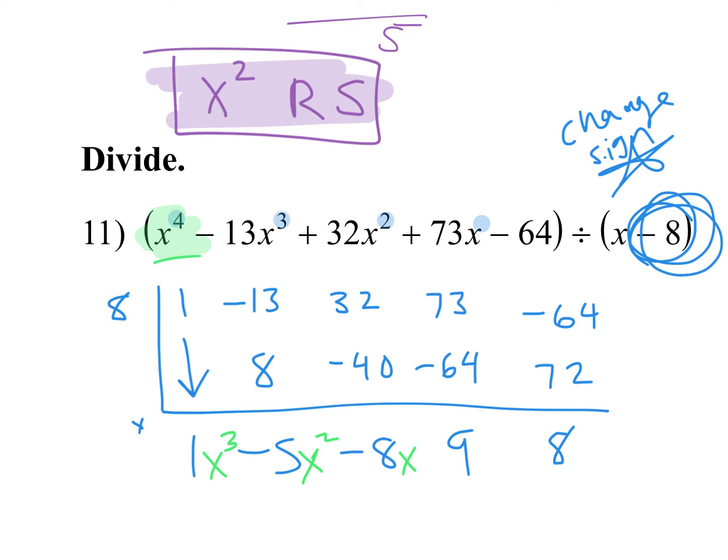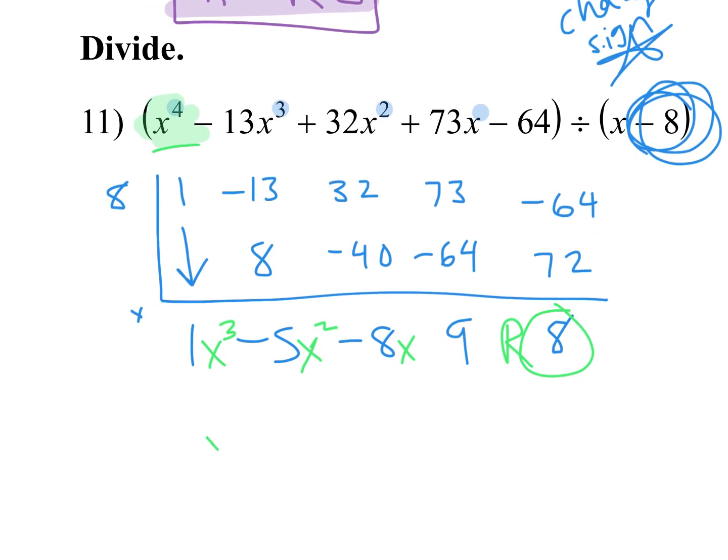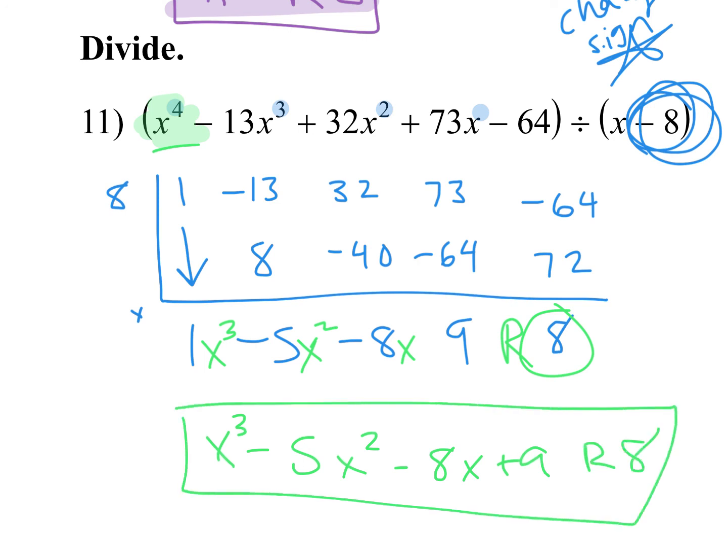And then what's 8? Is that the remainder? 8 is the remainder, so the last number is always the remainder. So we would write this as x cubed minus 5x squared minus 8x plus 9 remainder 8. So this was a long one with pretty big numbers, but definitely still doable.